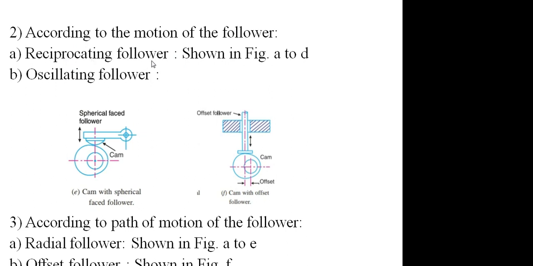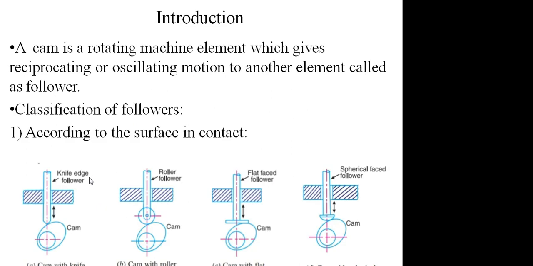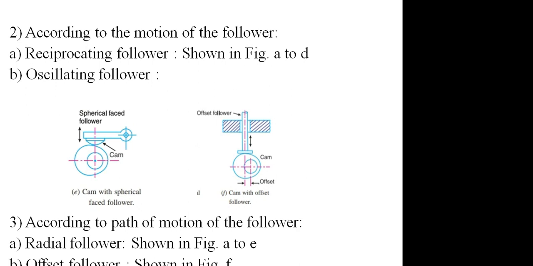All the followers that we have seen in the previous slide, that is knife edge follower, roller follower, flat face follower, spherical face follower, they all reciprocate up and down. So these come under the category of reciprocating follower.